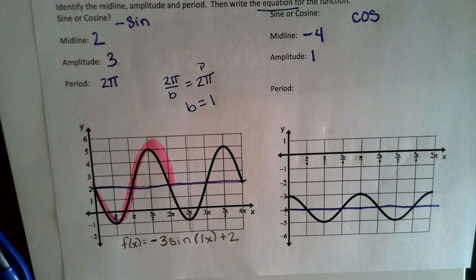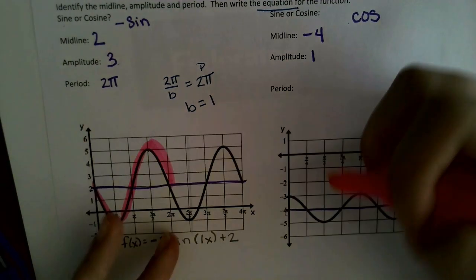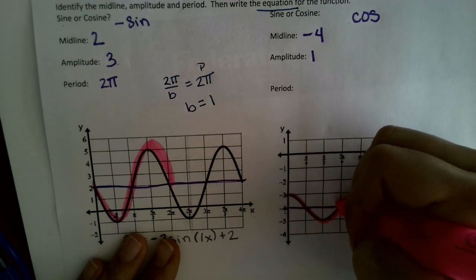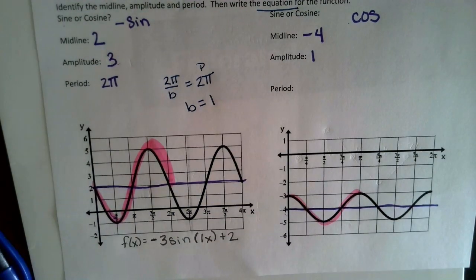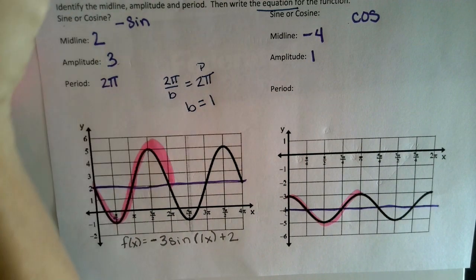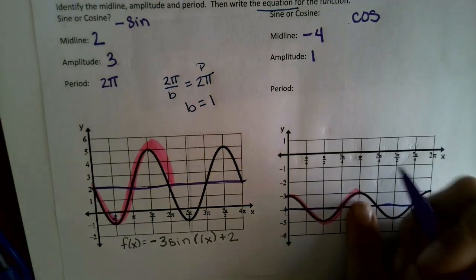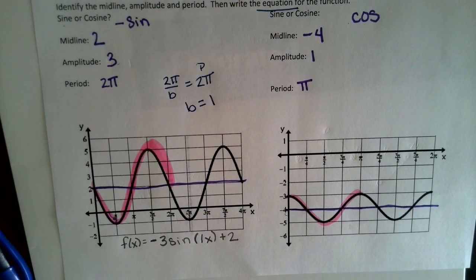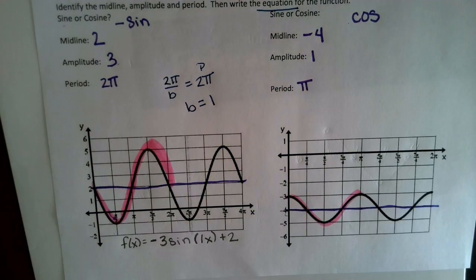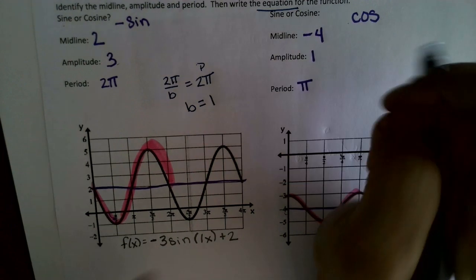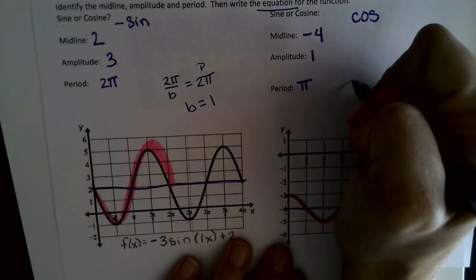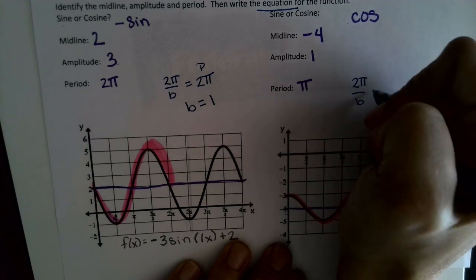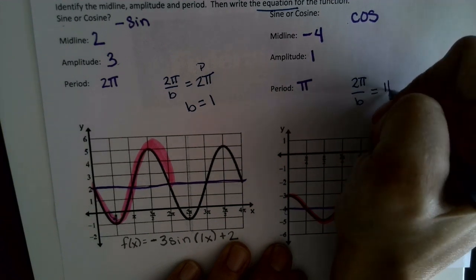And let's check out our period. Remember, it's 4 points. So 1, 2, 3, 4. That means that our period is pi. So let's solve for b. 2 pi over b equals pi.